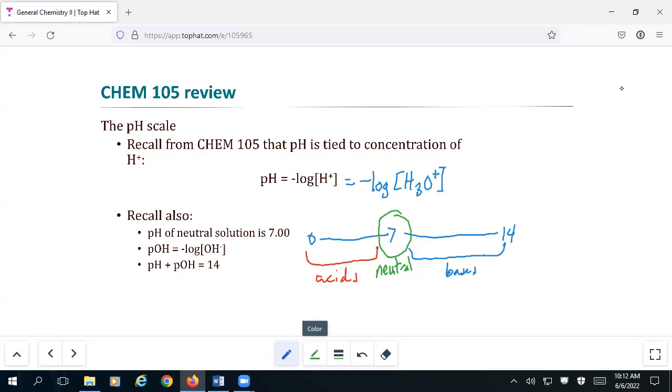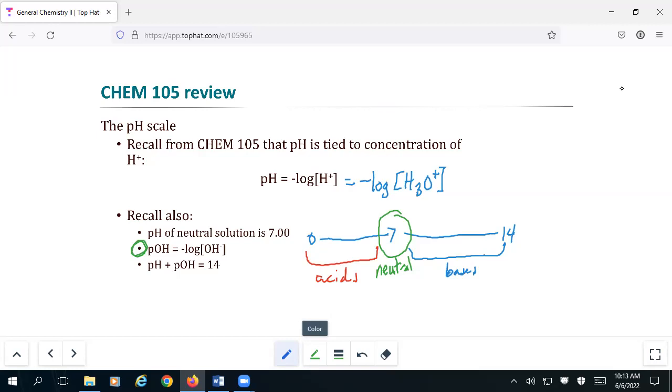Now, on the flip side, we can also look at pOH, the concentration of hydroxide ion on a logarithmic scale. And together, pH and pOH are going to equal 14.